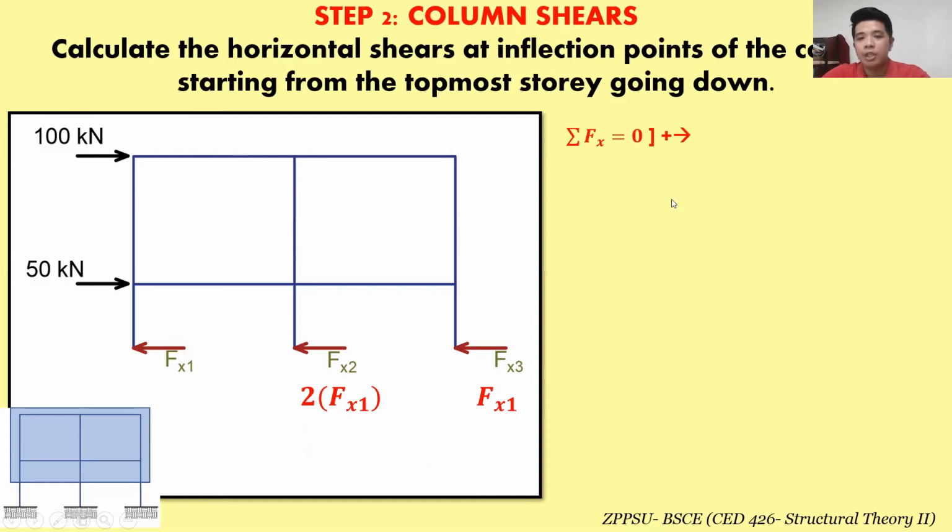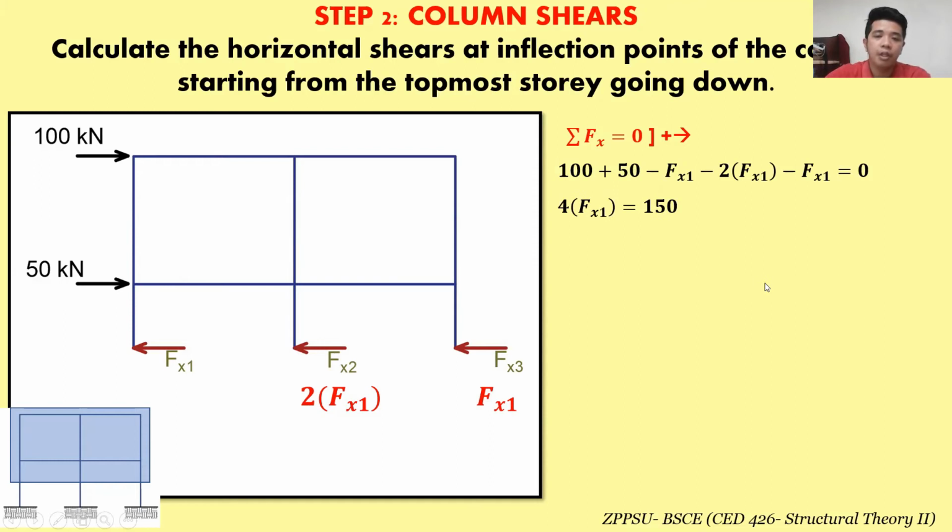So let's sum up. Forces along x is equal to 0. All to the right, positive. So yan. So 100, we have 150 to the right. So positive silang dalawa. And we have isang Fx1, dalawang Fx1, and isa ulit Fx1. All in all equal to 0.